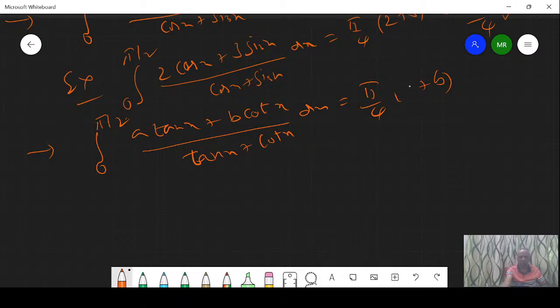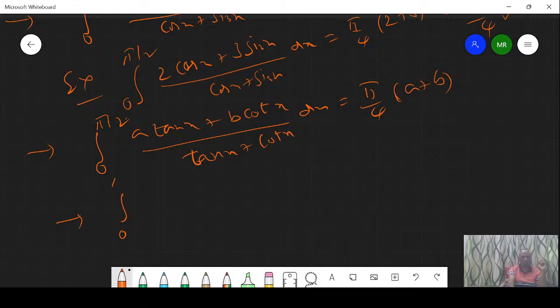Same thing. The example is simple; I can consider any value, and it comes directly to the answer: pi by 4 into a plus b.